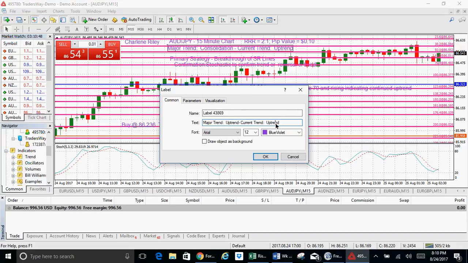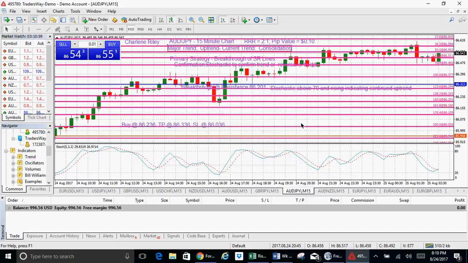And the current trend, I'm going to call that consolidation. And I'm seeing a rise. The candlesticks are rising.